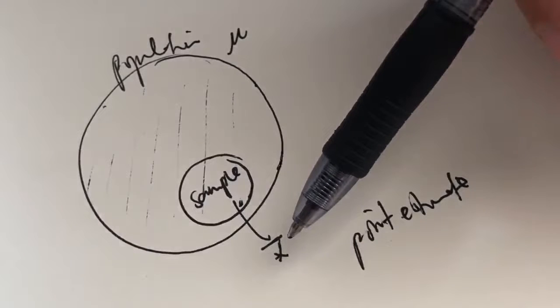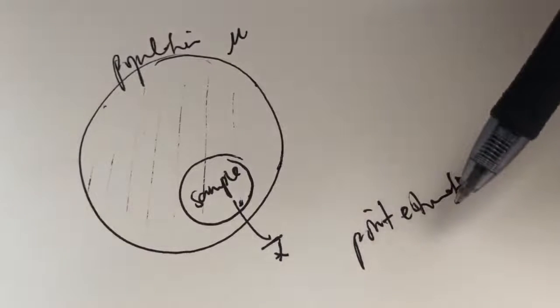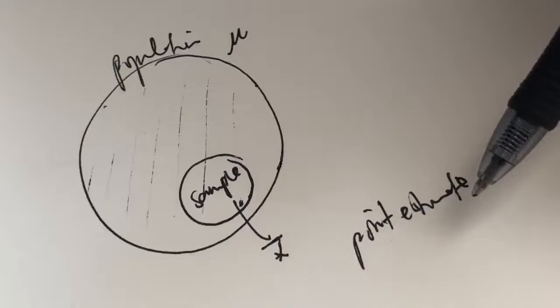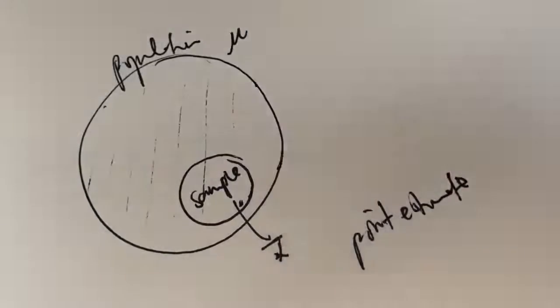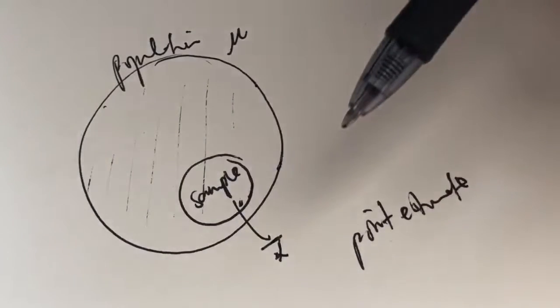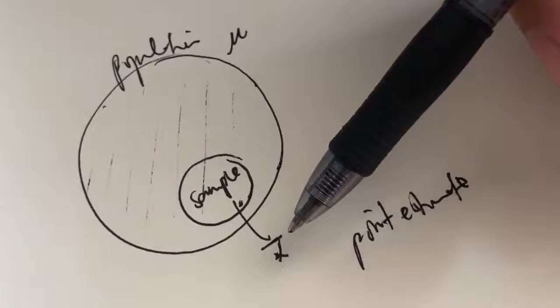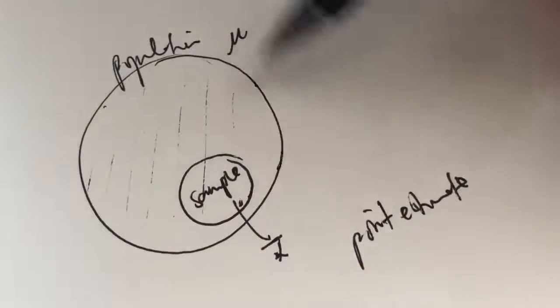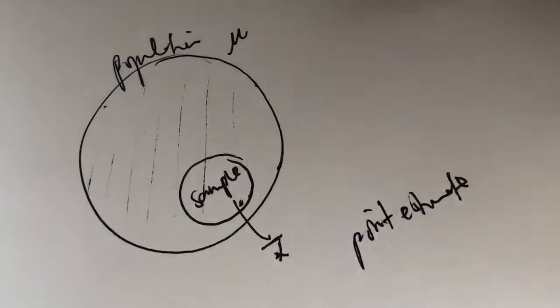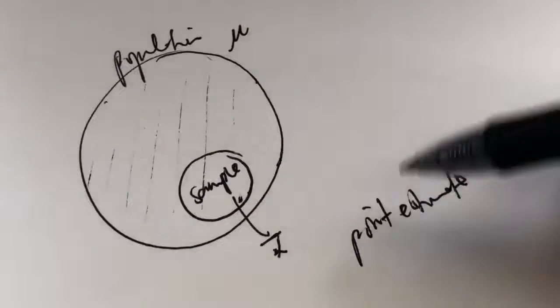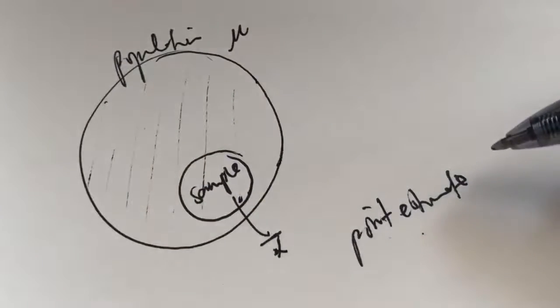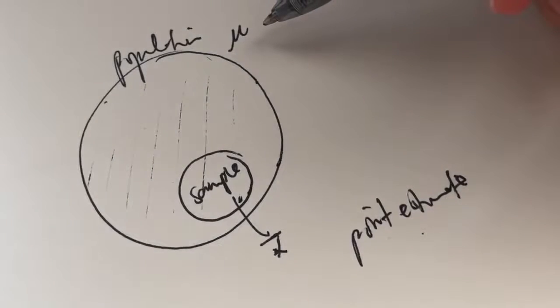Now, x bar or sample mean is our point estimate. Why is it called a point estimate? Because it is only one value calculated from the sample. Now, as we know, our x bar is not usually the same as mu. There's a difference, right? Called sampling error. So how can we say that this point estimate is a good estimate of the true population parameter?